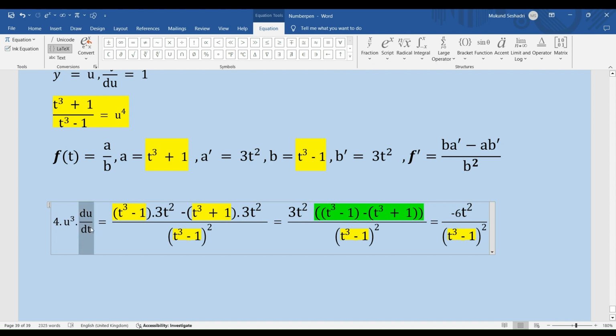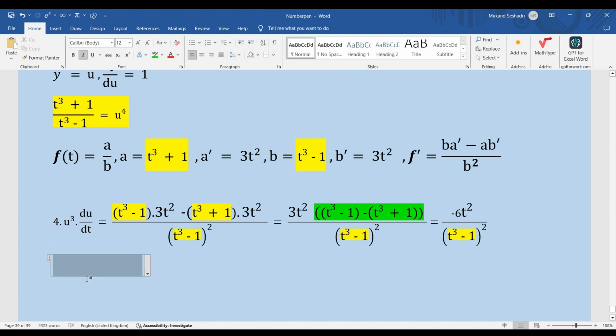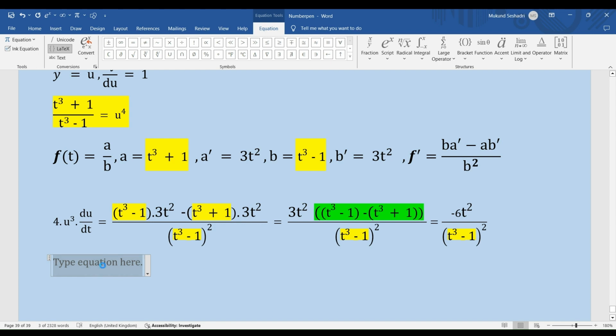So my du by dt, I move to the next step, is nothing but this expression as it is into 1 by 4 u cube, right? 1 by 4 times u cube. And now I know what to do.